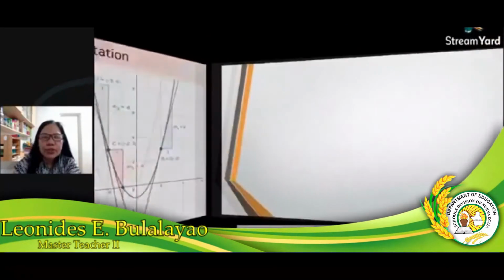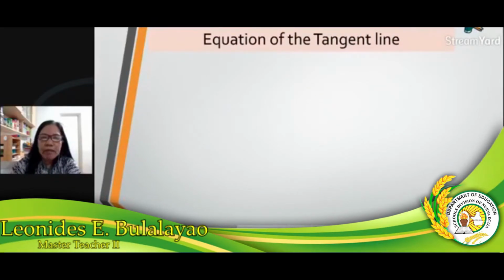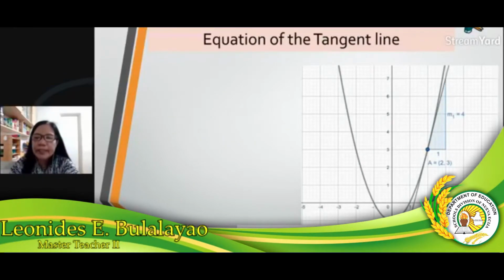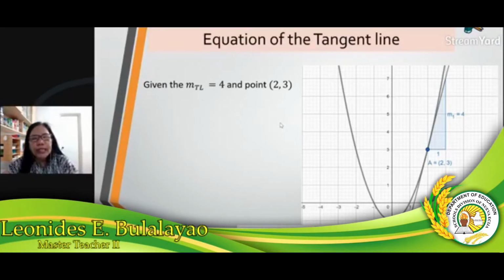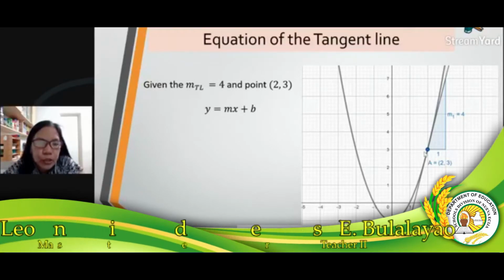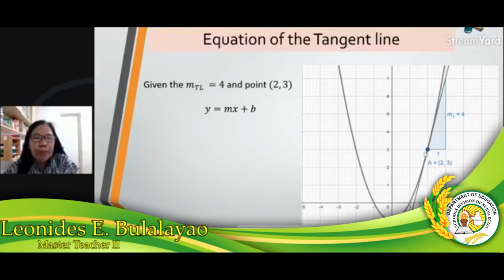Okay. Since we have the slope of the tangent line and we have a point on that line, we can determine the equation of the tangent line. Given the slope, which is 4, and the point (2, 3) on the line, the equation of the line can be determined using the point-slope form or the slope-intercept form. For this presentation, I'm going to use the slope-intercept form.